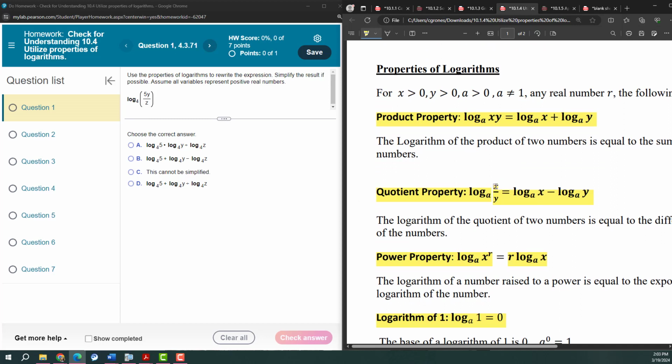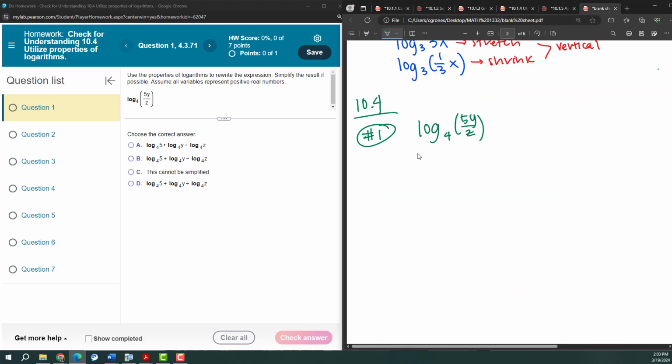So anytime that you have x divided by y, you can subtract, x minus y, for the logs. So we have log, both of them will have base of 4, so we take log of 4 times 5y minus log of 4 times z. And then they also want us to simplify it further.